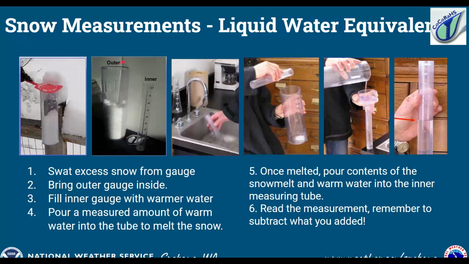And then you measure out all the liquid that's left to find out what the total is. And then from that total, you subtract out how much liquid water you added. So you do your little math and you get the number of what is left for your melted precipitation.